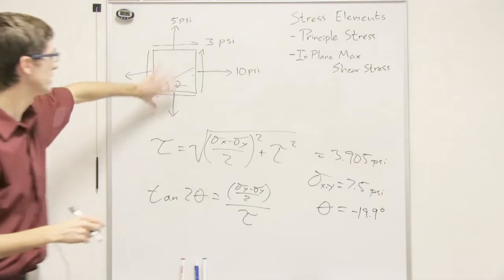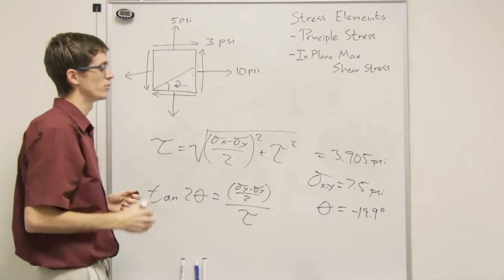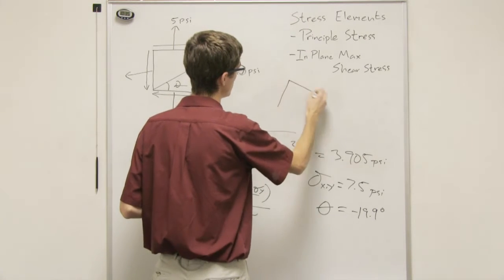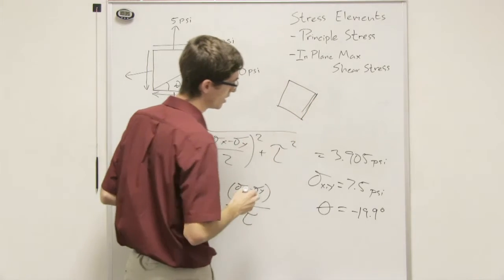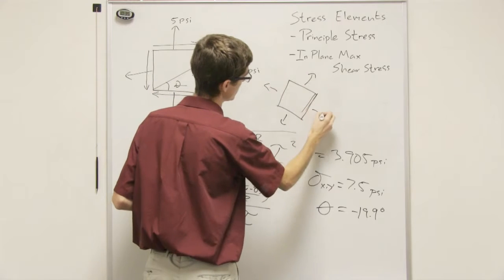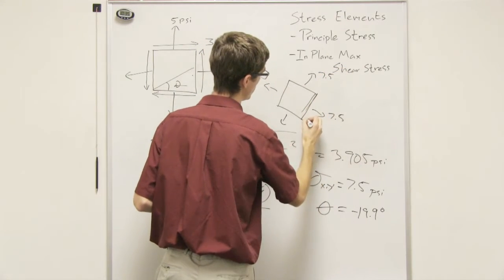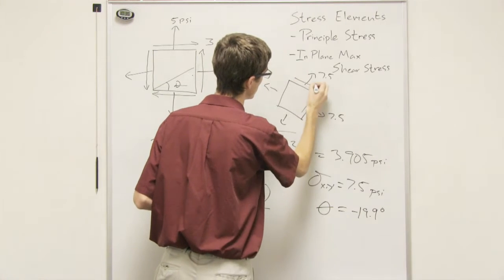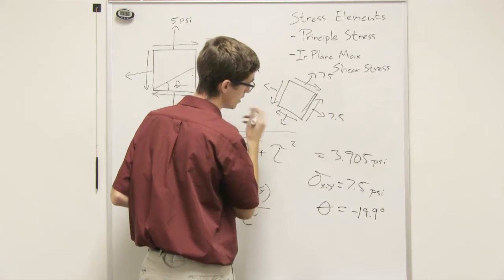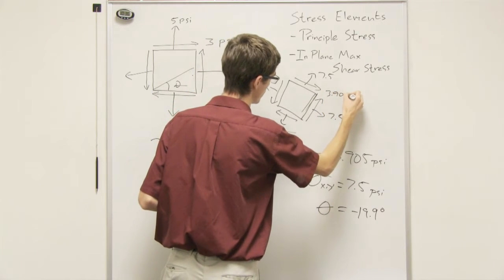So we have to rotate the other direction about 20 degrees, and that would find us where the in-plane maximum shear stress is located, which would look something like this. That's a terrible drawing of a square, but all your normal stresses are 7.5, and then you have a shear stress of 3.905.